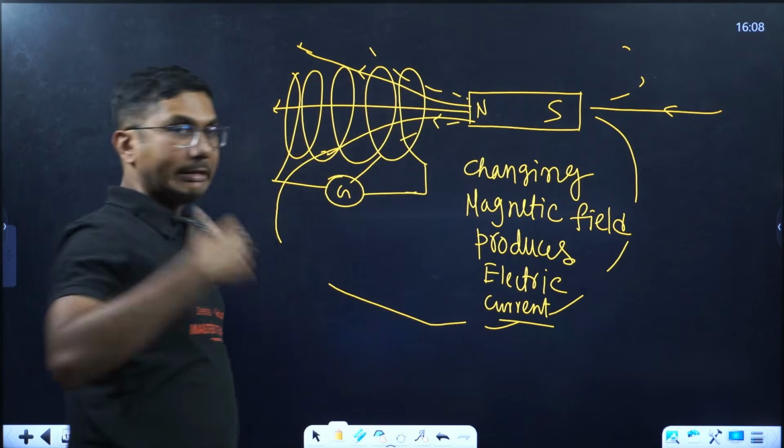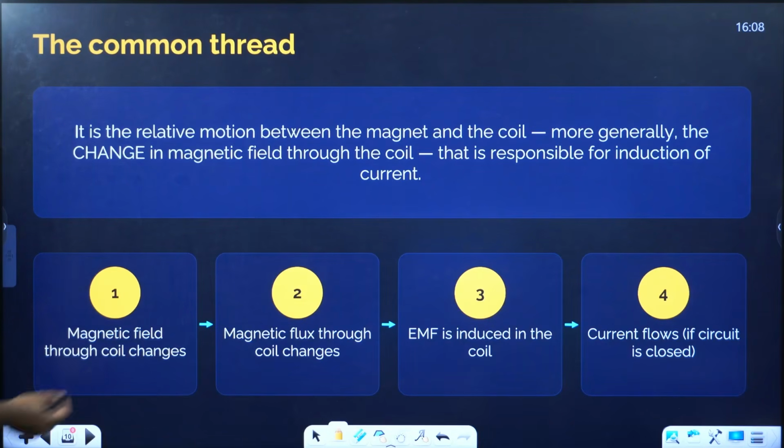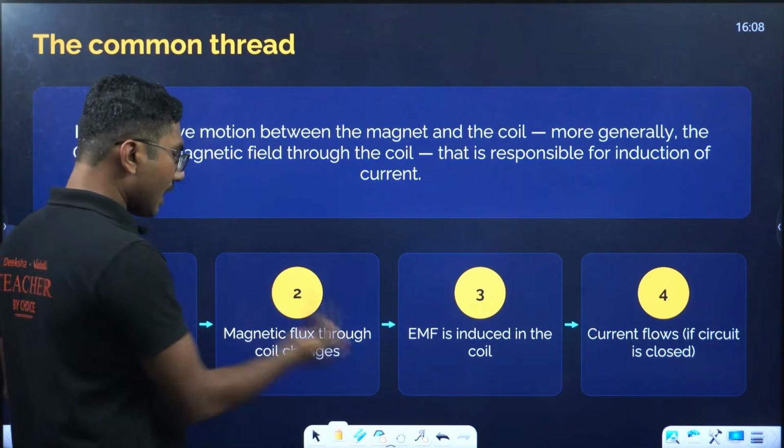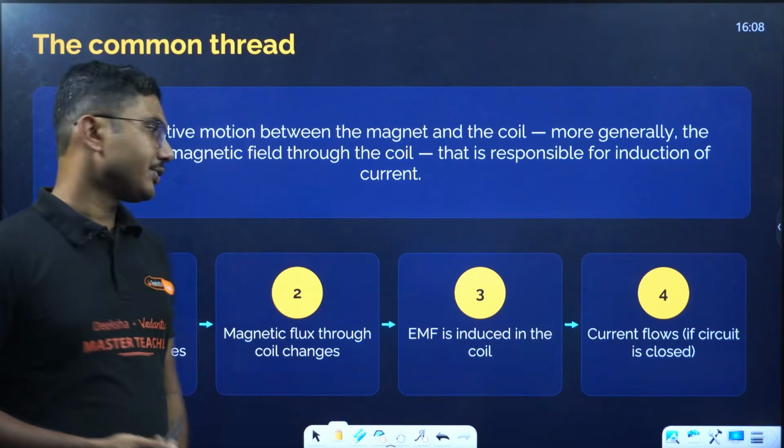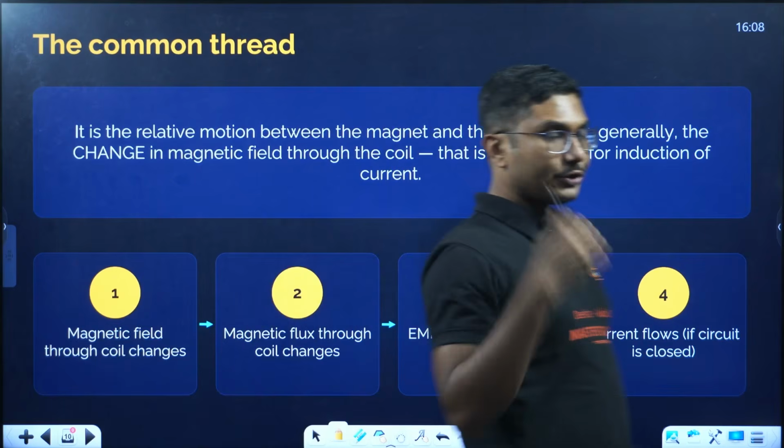This is called electromagnetic induction. So the magnetic flux through the coil changes, EMF is induced in the coil, and current flows. So this is the process.